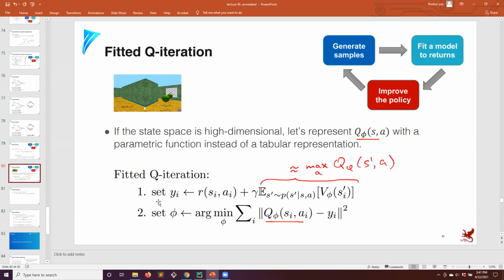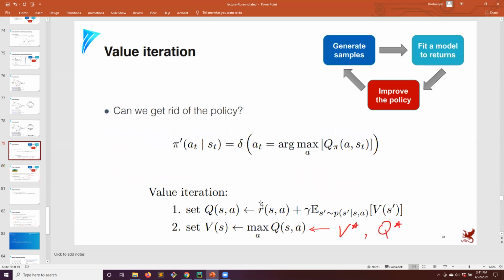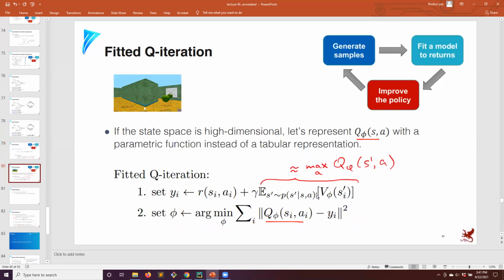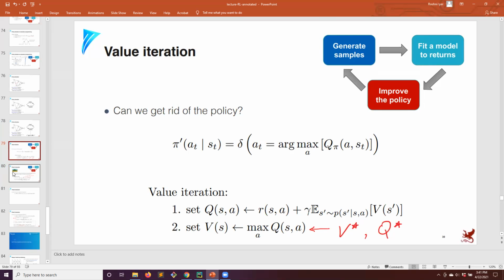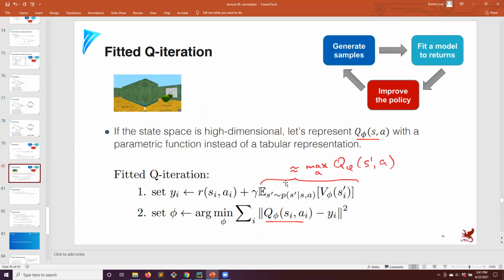Here what we do is we rewrite this part here to this, and we observe that, like we said before, in the optimal case, this term here is the max over the actions of this Q phi function. Then we can apply regression to compute this phi, and we have this Q parametrized by this phi.